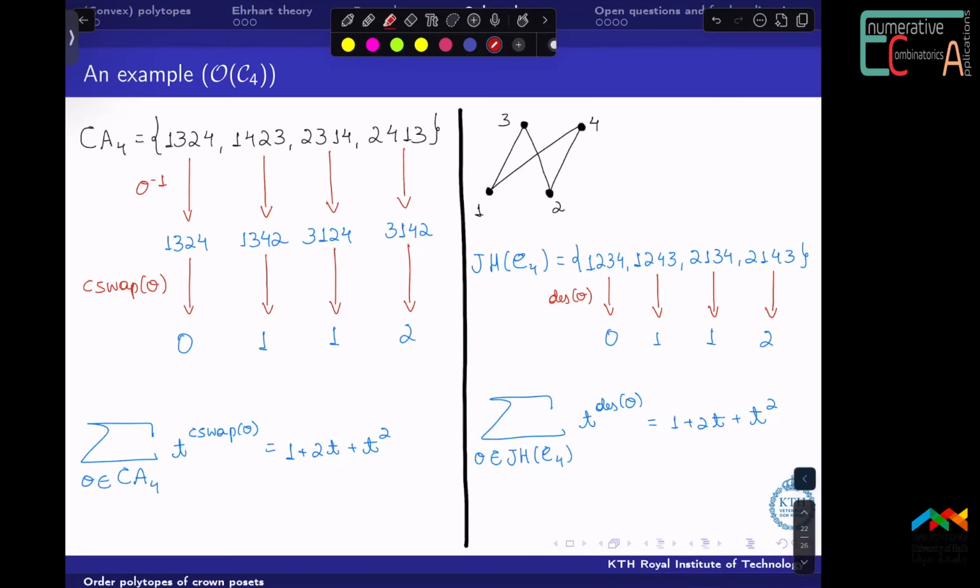In the next slide, I have an example where I compute the h-star polynomial. On the right, we have the classical approach that was studied by Stanley years ago, and on the left, I have this new approach that Lundström and I are presenting to you. Okay, so that's a cool result.